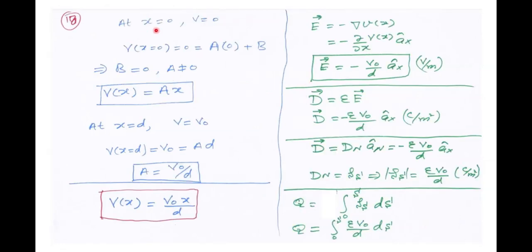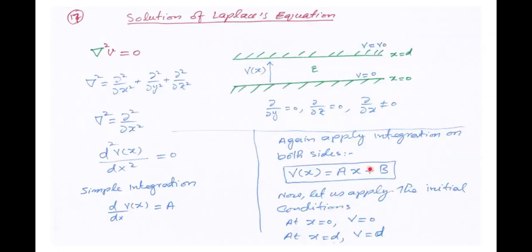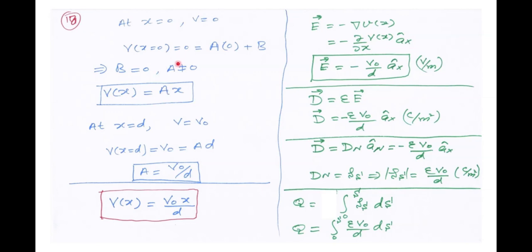So at x equal to 0 and V equal to 0, the obtained function produces b equal to 0, but a is not equal to 0. So the resultant potential function reduces to V as a function of x equal to a times x. Then apply the second boundary condition to define the value of a, the unknown coefficient.